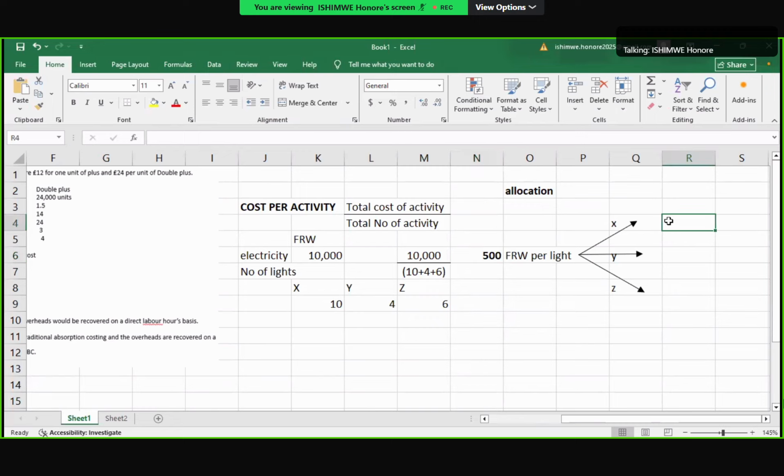So now I can say here I'll take 500 times 10. I get the figure. For Y, I'll also be taking 500, our cost per activity, then I multiply by 4. Okay? That's what I'll be saying.